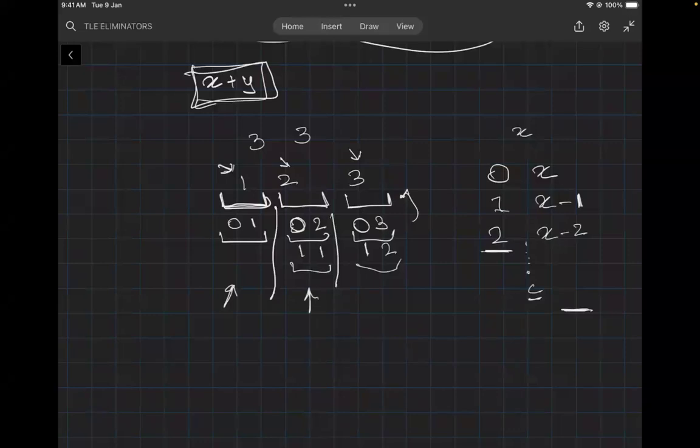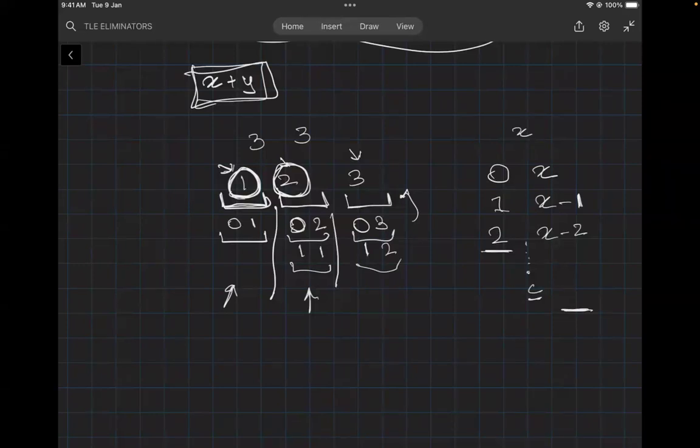Can someone tell me why the pairs such that x plus y is equal to 1 are going to be disjoint from the pairs such that x plus y is equal to 2? Very simple answer.